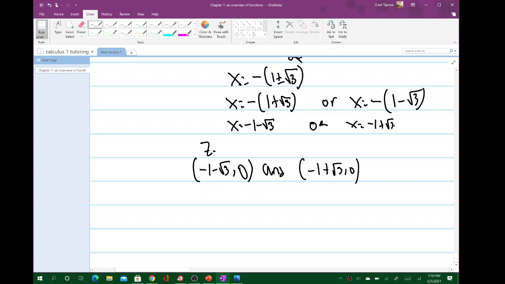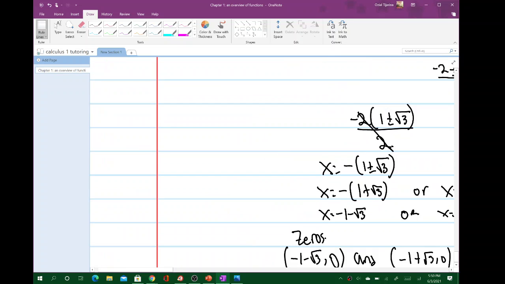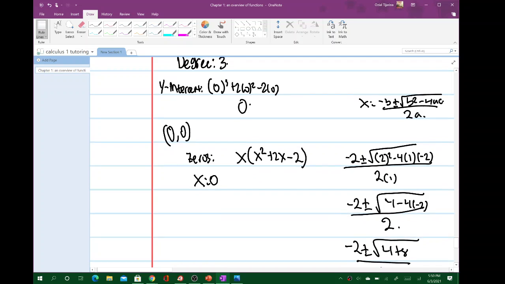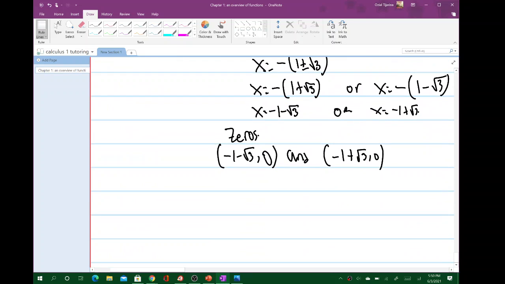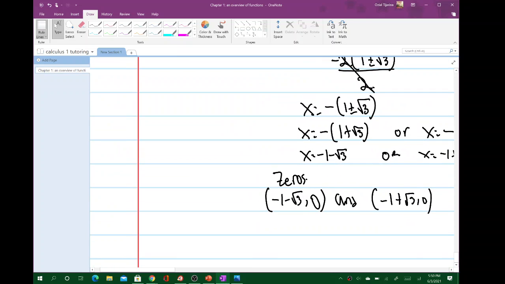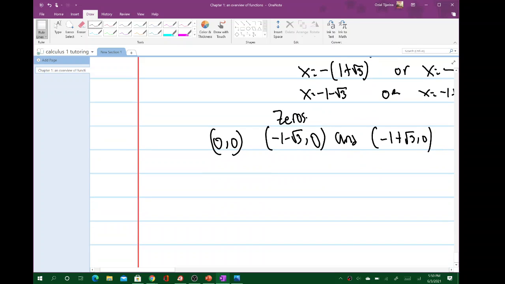Those are your two zeros of this polynomial. And it's also x equals 0 because we included x at the beginning, so it'd be (0, 0) as well. So the zeros are x equals 0, x equals -1 minus square root 3, and x equals -1 plus square root 3.